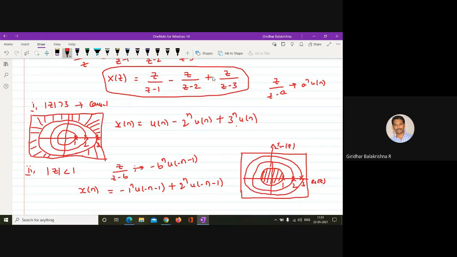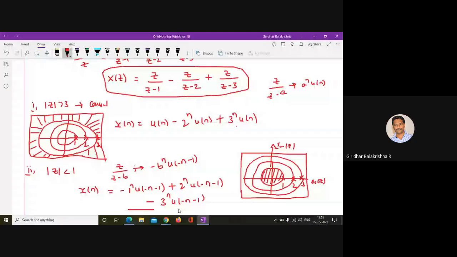Next, for the third term, where we are having plus, here we are having minus, so plus minus is minus. In the place of b, we have how much? 3, sir. So it is 3 power n into u of minus n minus 1. So this is the solution for inverse z transform of x of z, which is x of n. Is this clear to all of you?